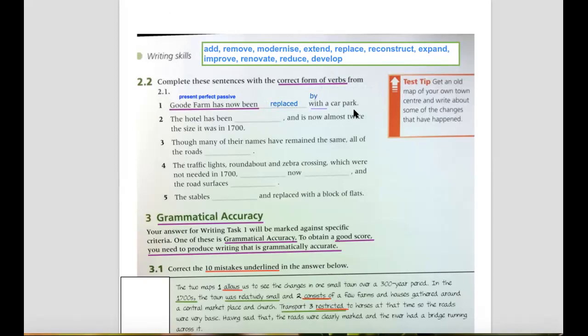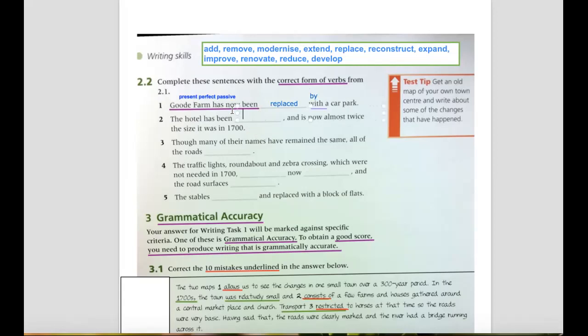Okay, please pause the video. Fill in the missing words. Sometimes more than one word is possible. When you're ready, play and I'll check the answers with you. Right, so let's check number two.